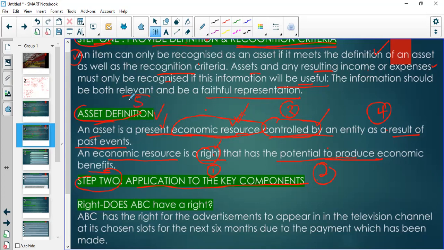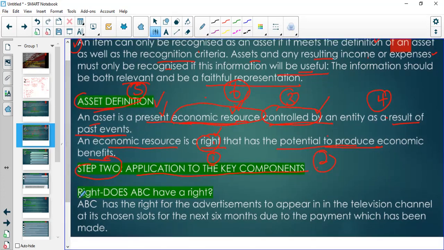If the information is going to be relevant, and if the information is going to be a faithful representation, then from there we can say, yeah, it has met the definition and the recognition criteria. So let's go to rights. Does ABC have a right?